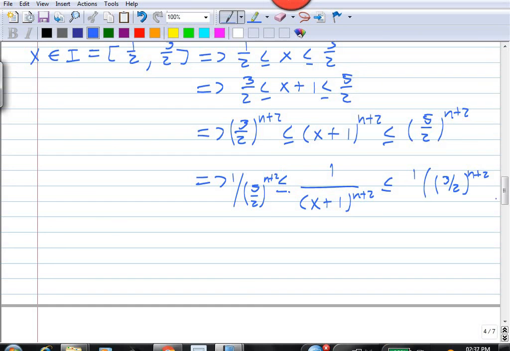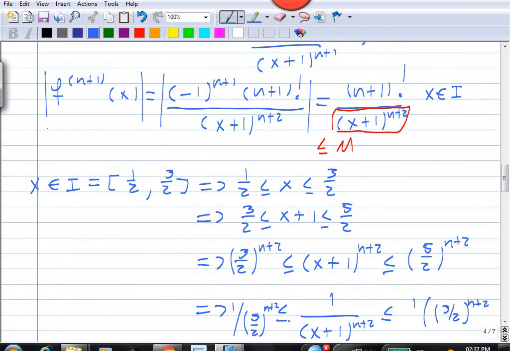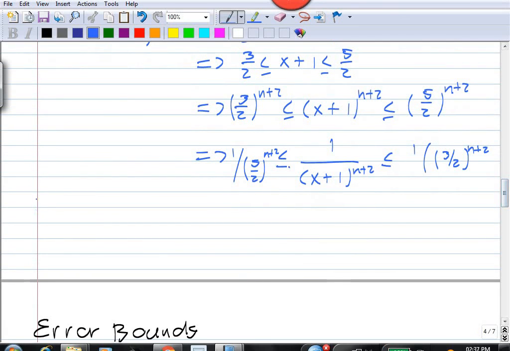So if we look at what the absolute value of f^(n+1) is, n plus 1 factorial over (x plus 1) to the n plus 2, we see that the absolute value of f^(n+1) of x is less than or equal to n plus 1 factorial times 2 over 3 to the n plus 2.